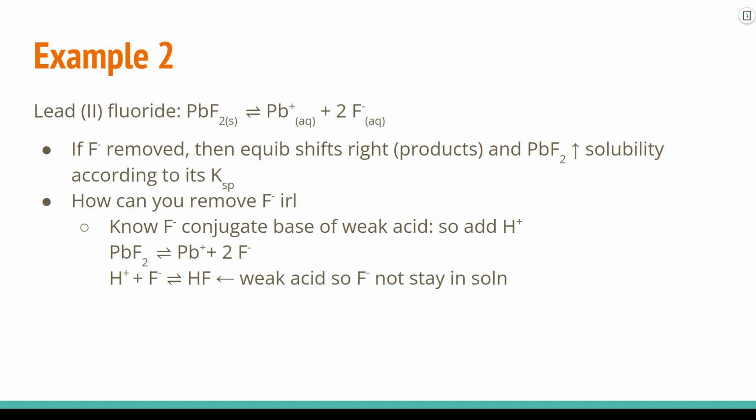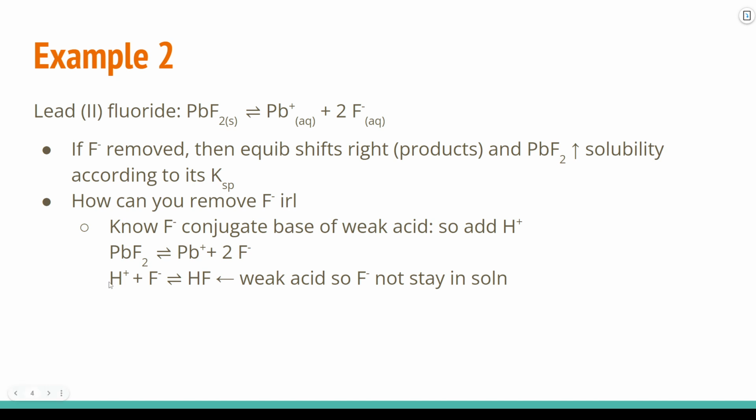If I add a strong acid to this, the H+ and the F- can interact to make HF, which is a weak acid. This equilibrium process, as I've written here, means it will stay mostly as HF rather than the two ions separately.